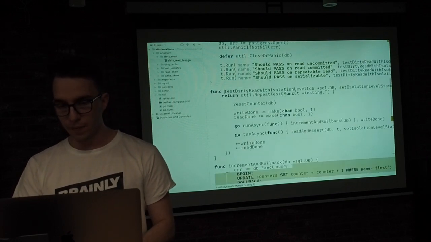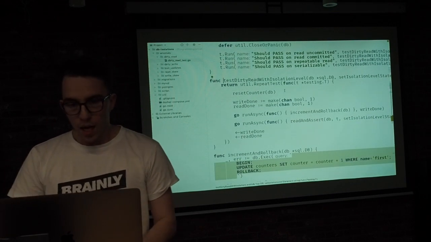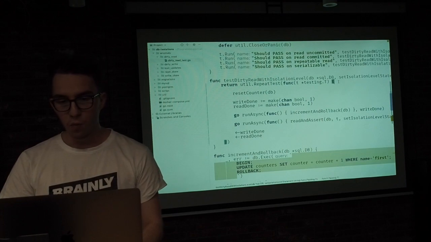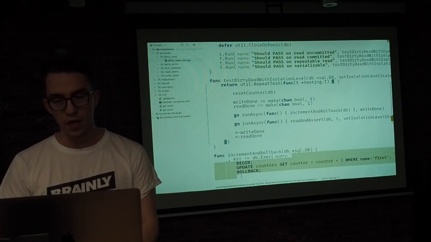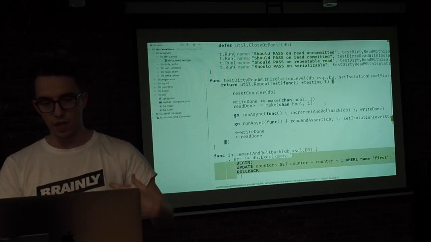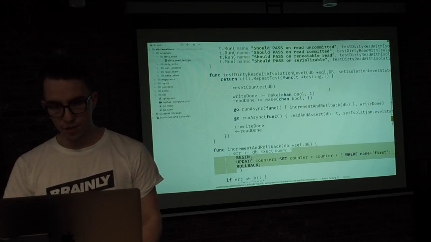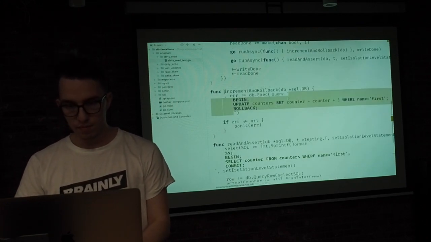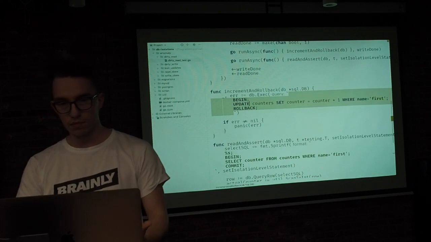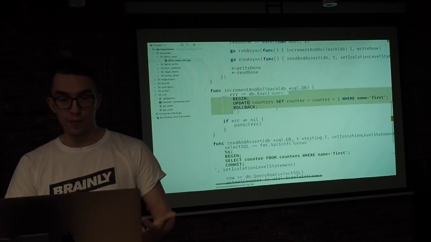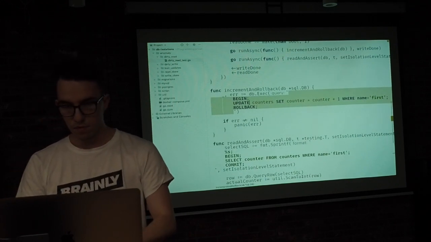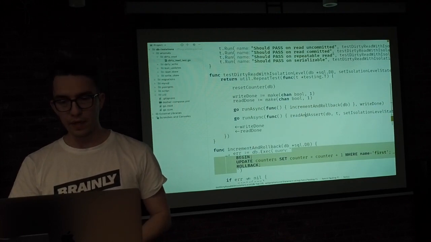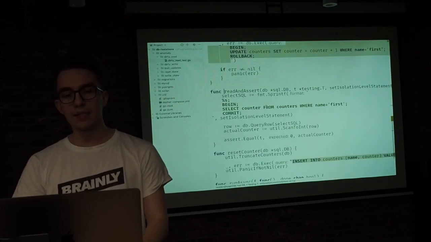But how did I implement it? I ran 1,000 times 2 parallel transactions. One transaction does start, updates the counter, increments it, and rolls back. And in parallel, I read the data.